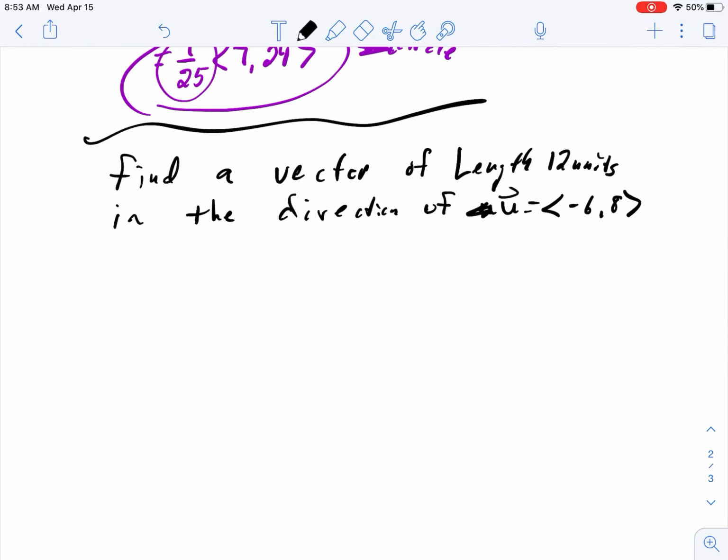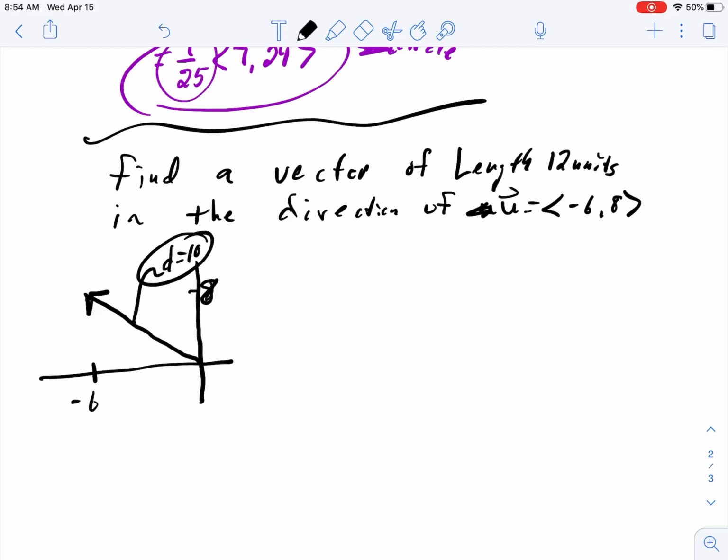Okay, so let's graph it out so you can visualize this. So here's -6, here's 8. So right now, here's the vector. So if you look at what the magnitude or the distance is, this is a 6, 8, 10, so the distance is 10 units.